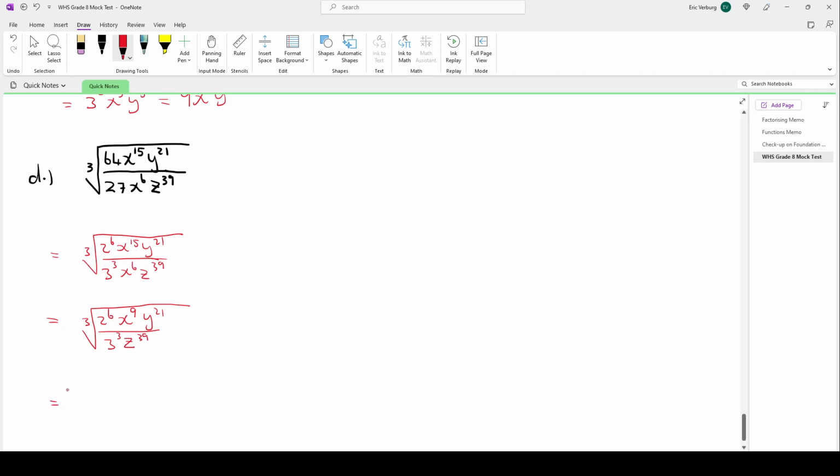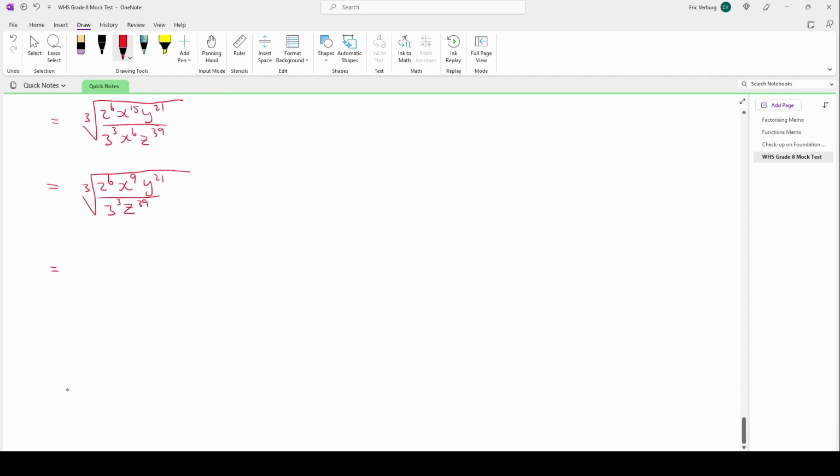Now, we can do the division thing. We divide the exponents. So at the top, we've got 2 to the power 6 divided by 3, which is 2. X to the power 9 divided by 3, which is 3. Y to the power 21 divided by 3, which is 7. At the bottom, 3 to the power 3 divided by 3, which is 1. We don't have to write that 1.